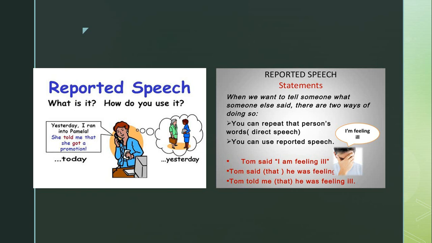Omit all the inverted commas or quotation marks. End the sentence with a full stop. If the verb inside the inverted commas is in the present tense, change it into the corresponding past tense. Okay, and then you have some general rules of direct speech and indirect speech.